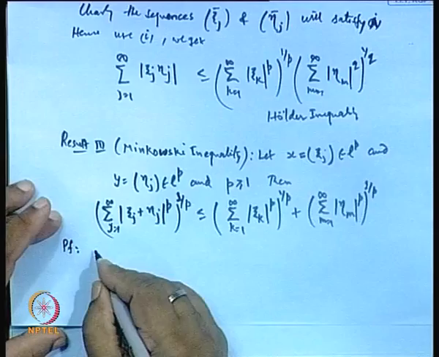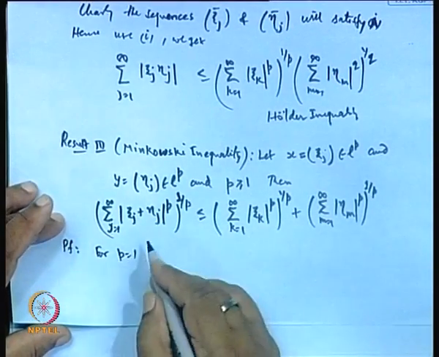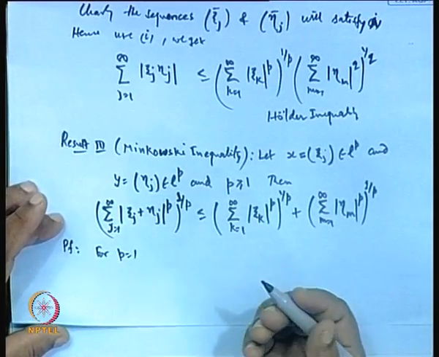for p equal to 1, the inequality follows immediately, just using the triangle inequality.